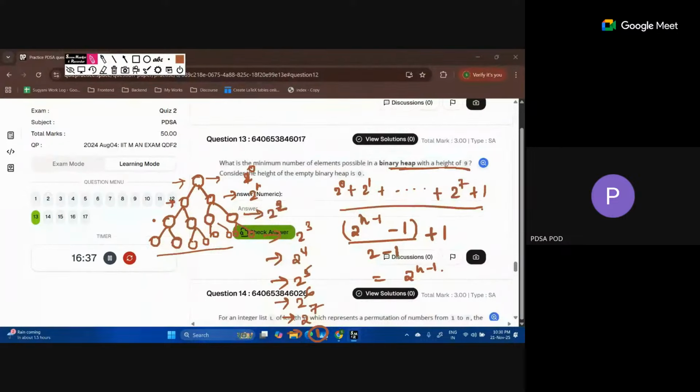This is level number 3, height number 3. This height is 2, this height is 1. So that is why at height number 8 we are having 2 to the power 7 nodes. And the ninth level, height number 9, will have only a single element.